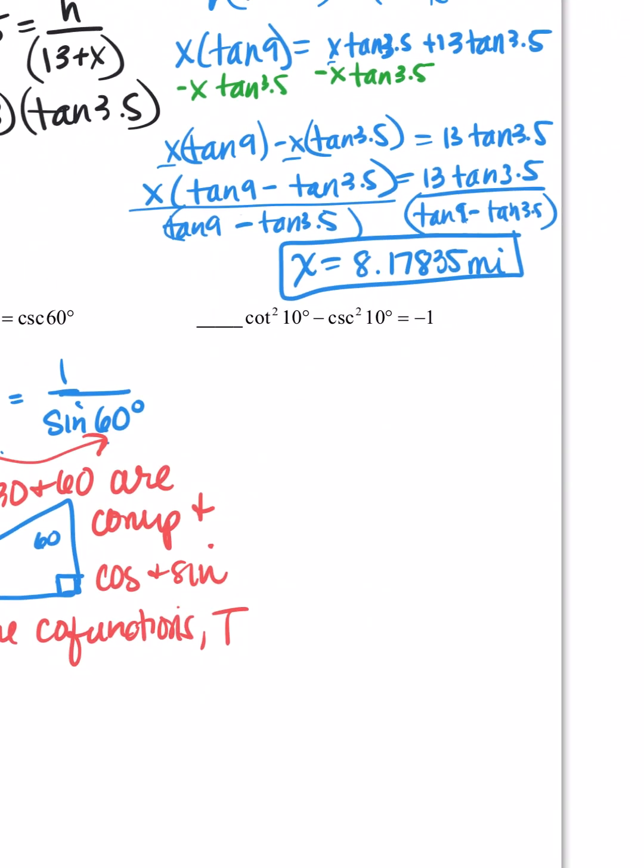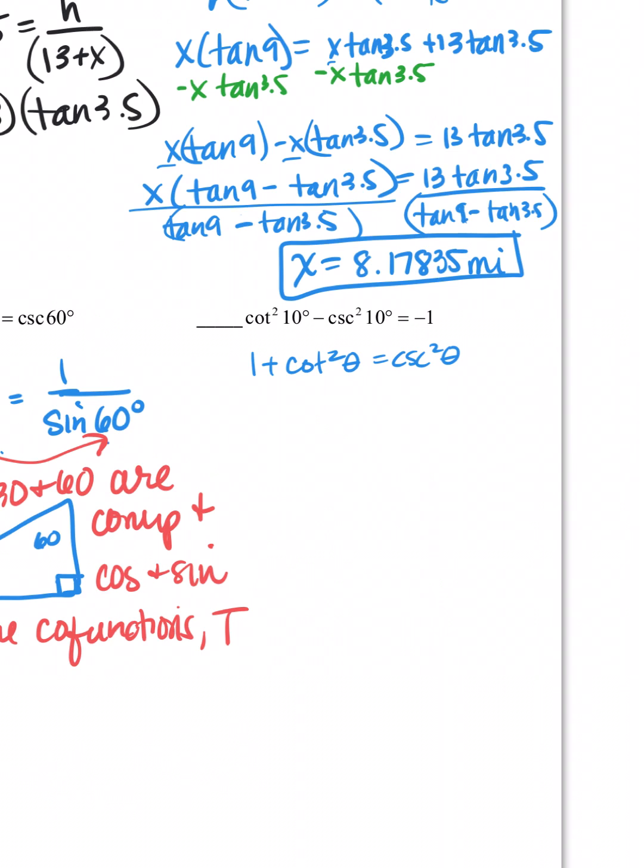Now these are squared trig functions, so I'm more inclined to use my trig identities on this. All right, so let's just see what we can figure out. If you remember, one of our trig identities looked like this: 1 plus the cotangent squared of theta equals the cosecant squared of theta.